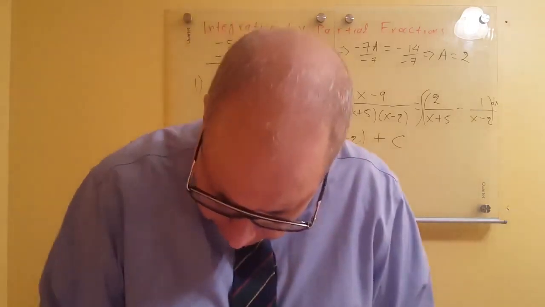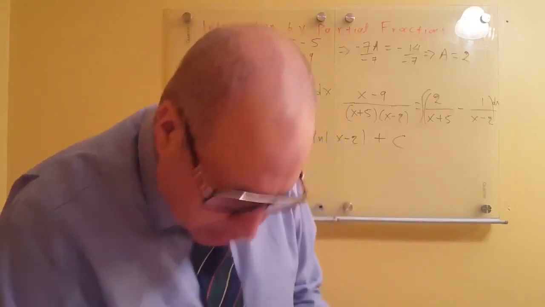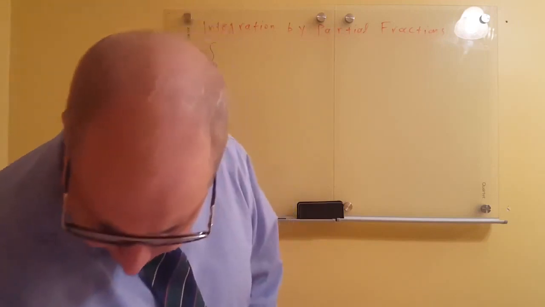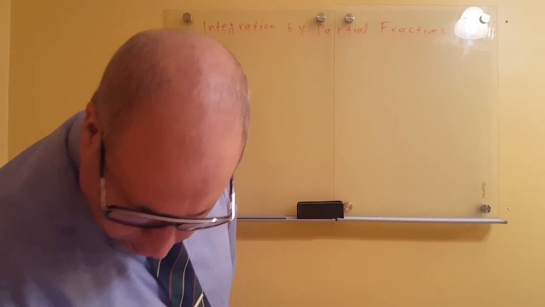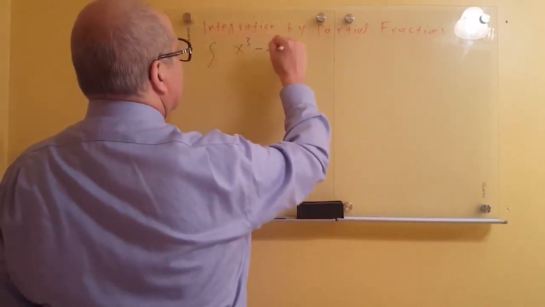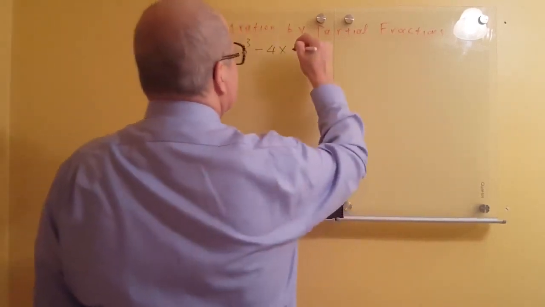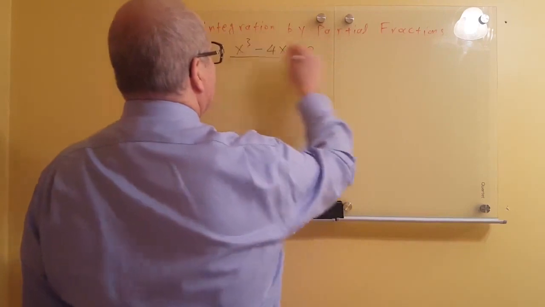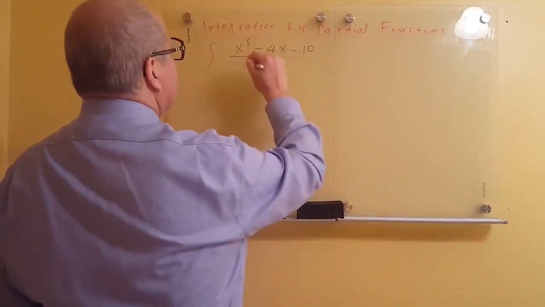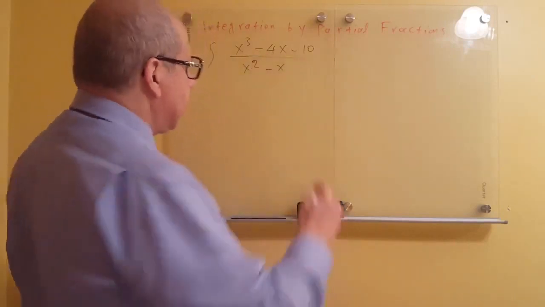Now, let's do another one. Find the integral of x to the third minus 4x minus 10 over x squared minus x minus 6.